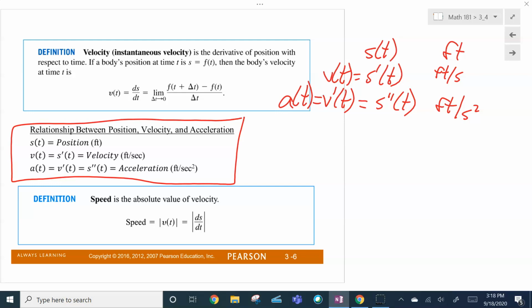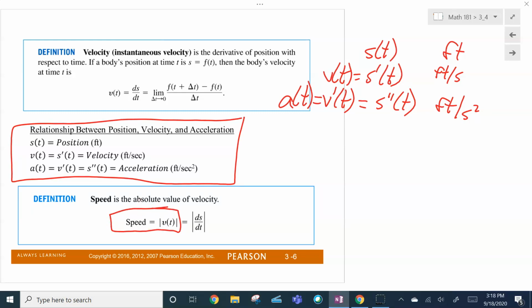Now, velocity has direction. For example, if your velocity is negative and you're going vertically up or down towards the earth, a negative velocity means you're going towards the earth. Speed, on the other hand, has no direction. Speed is the absolute value of velocity.